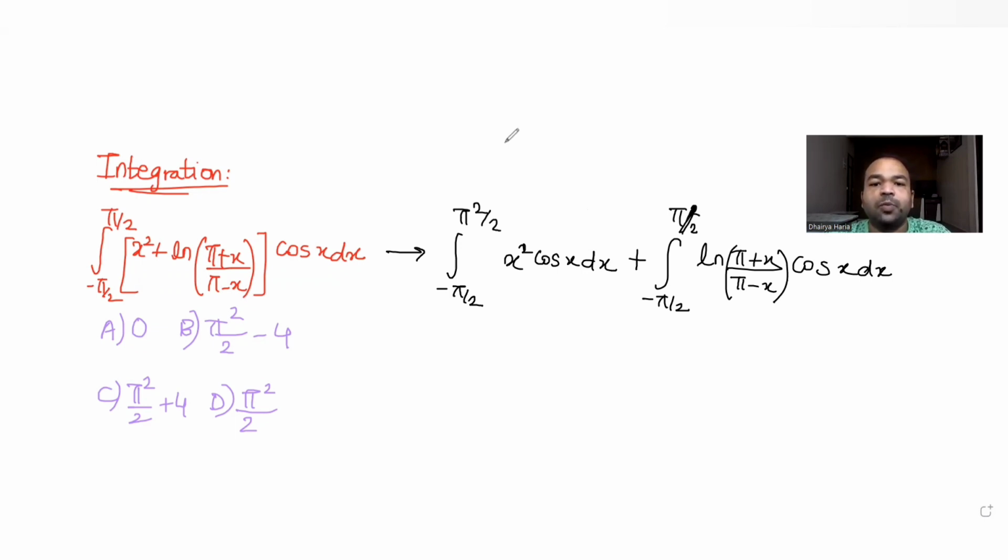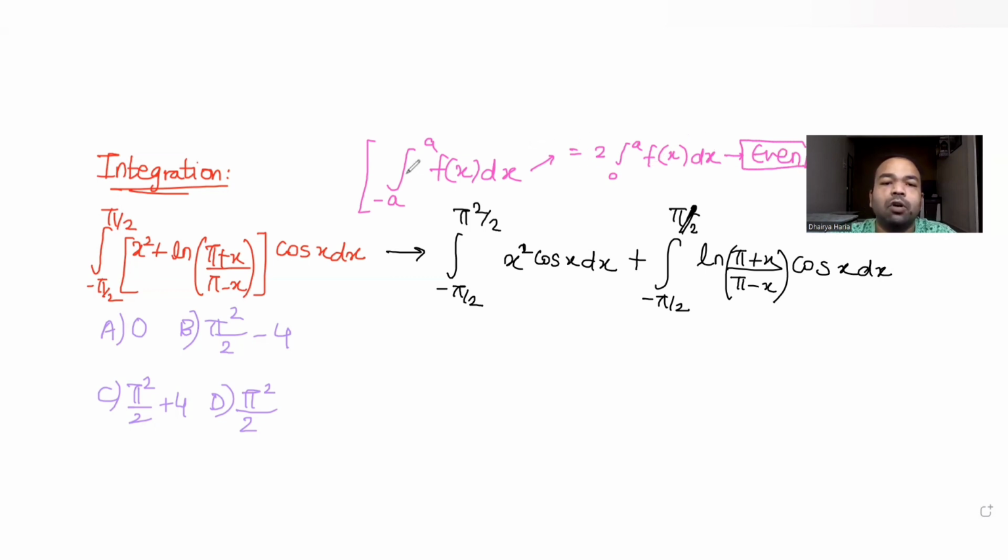We have been given an idea that says the integral from minus a to a of f of x dx is equal to 2 times the integral from 0 to a of f of x dx for a function which is even. Whenever the function is even, only the limits change: it becomes 2 times the integral from 0 to a of f of x dx. And that same expression becomes 0 when you have an odd function.